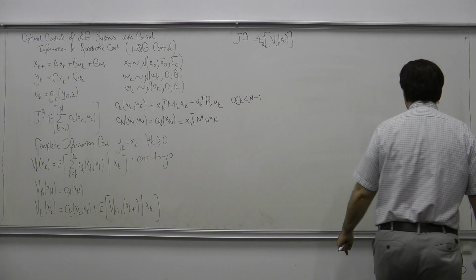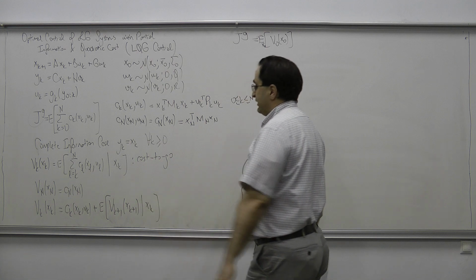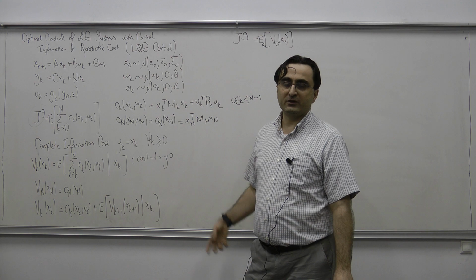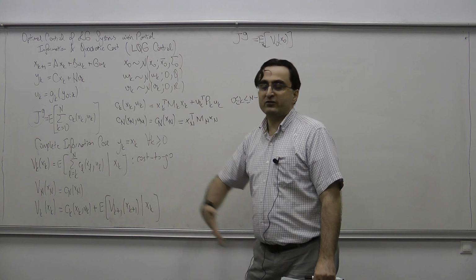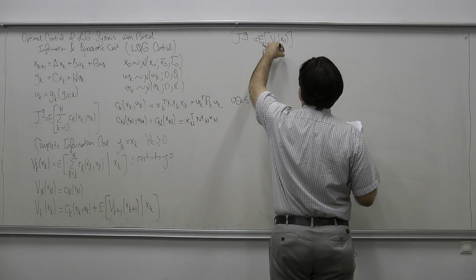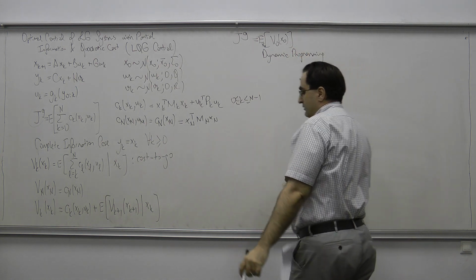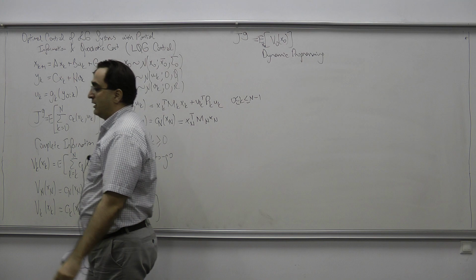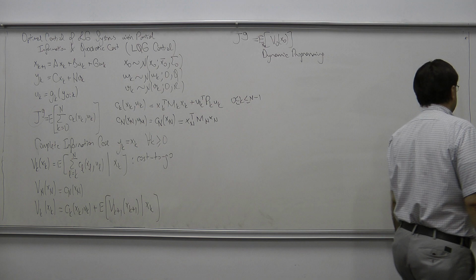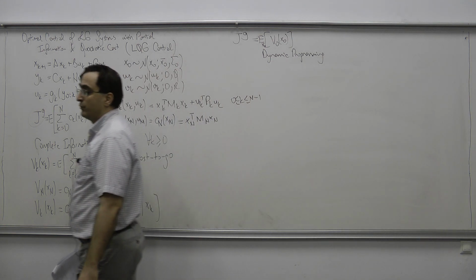But this is only for calculating the cost for a given feedback policy. In order to find the optimal feedback policy, what we did was optimize these cost to go functions with respect to the inputs. And again, we went backwards. So let us write dynamic programming. This was called dynamic programming. The dynamic programming idea was proposed by Richard Bellman, a very famous mathematician, and it is based on the so-called principle of optimality.